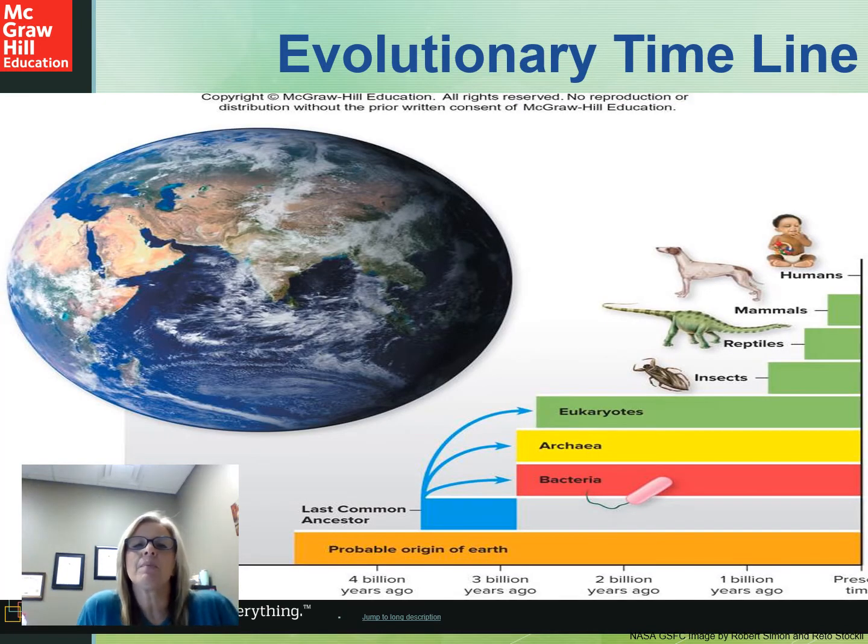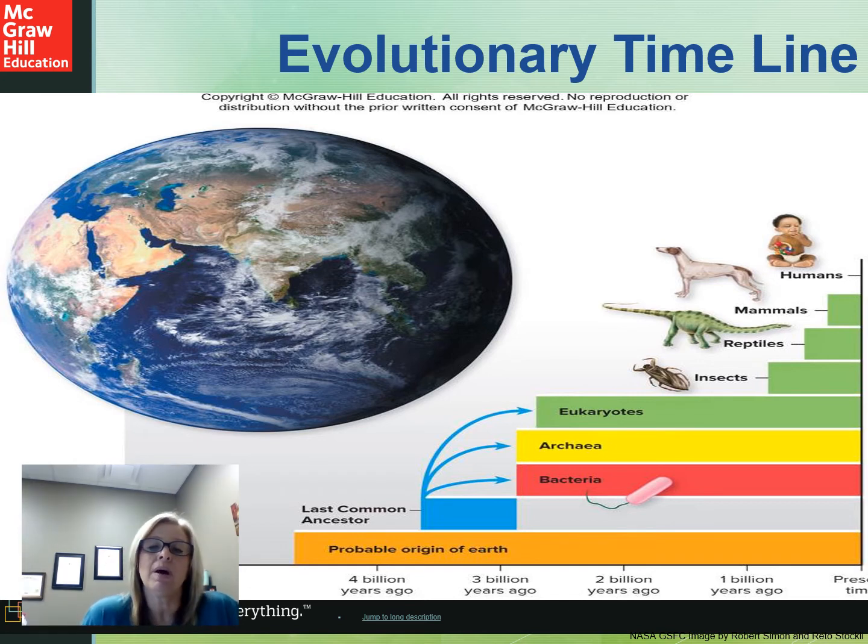When we're talking about prokaryotes, we want to look at that on the scale of evolutionary time, which is a very long span of time. The first prokaryotes appeared about 3.5 million years ago. They were the only form of life for about half of Earth's history, so they have been around a very, very long time.